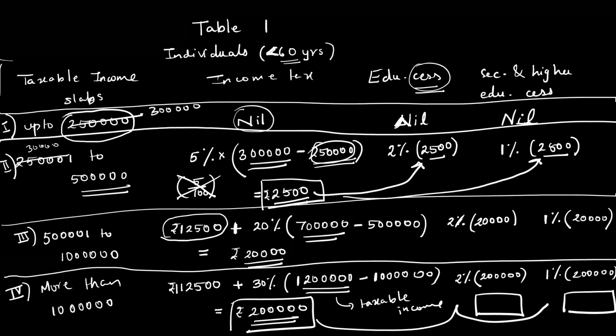I hope you all have understood what the changes are. The limit changed to 3 lakh, so obviously here also 3 lakh 1 rupee will come. The rest of the table is exactly the same.